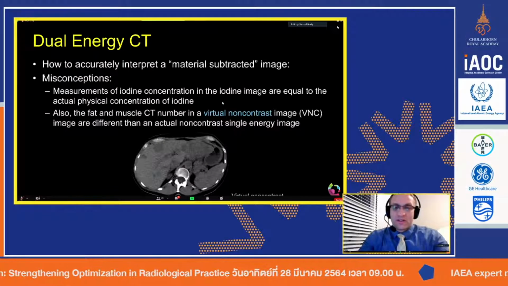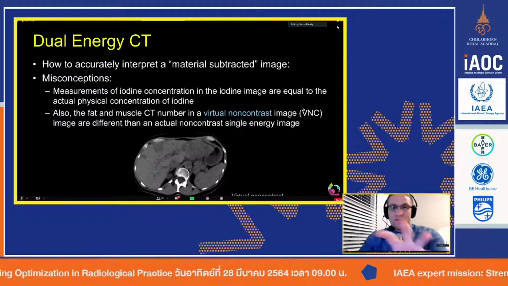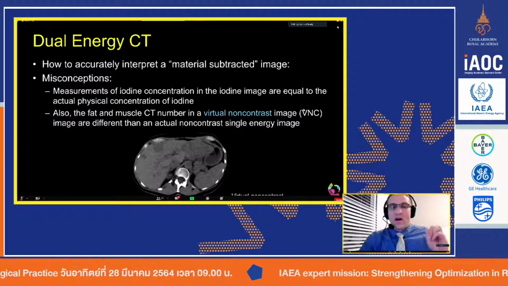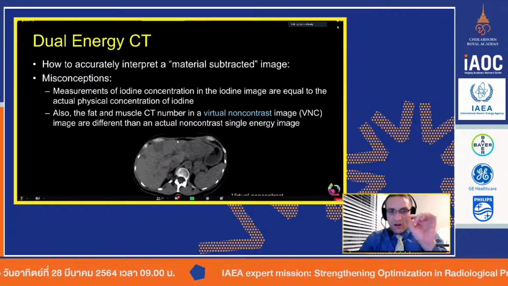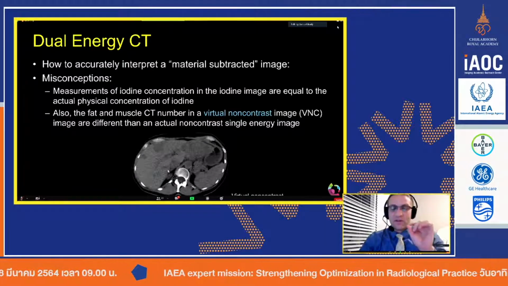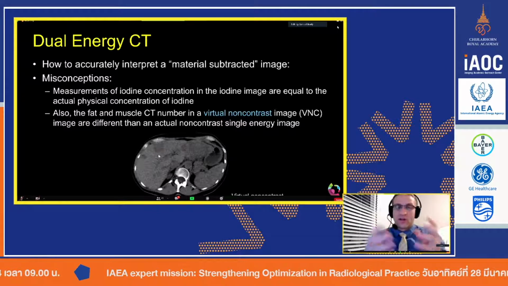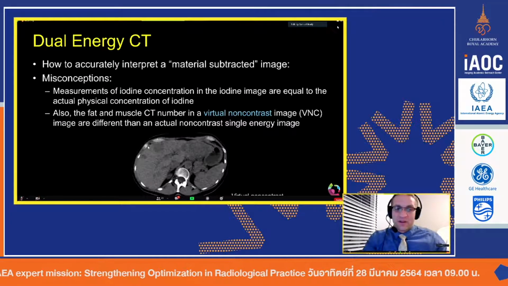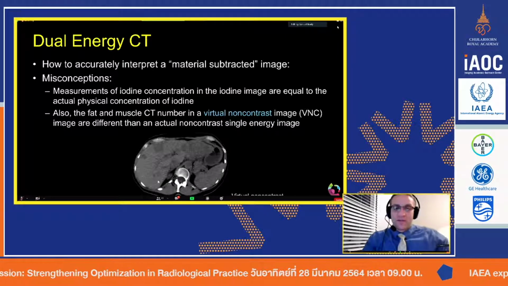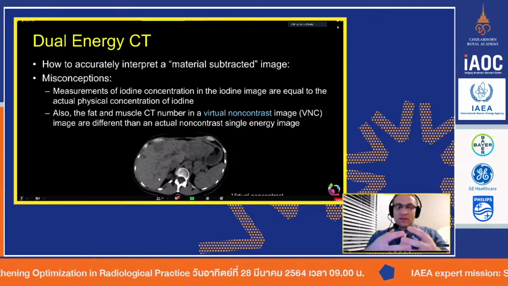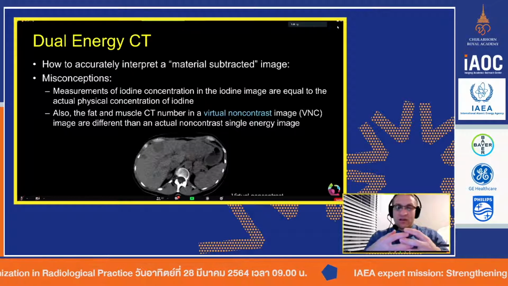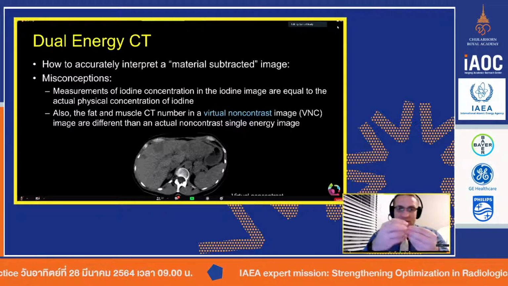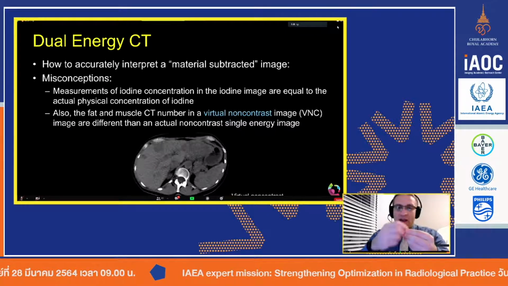Also, because of these virtual non-contrast images, when you're physically subtracting out the iodine component, all voxels in the image are a mixture of different materials. For example, the liver itself, when you infuse it with iodine, every voxel is going to have some soft tissue in it, might even have some fatty uptake in it locally, and it'll have iodine.